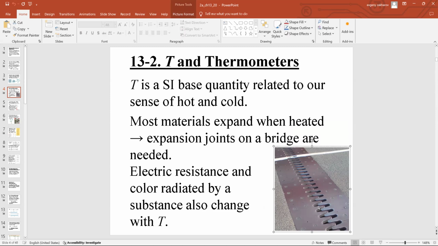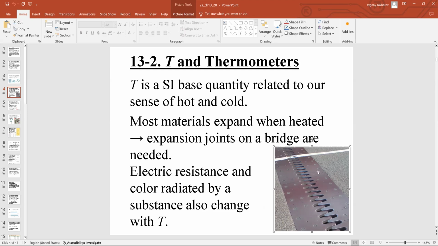Well, if it's a hot sunny day, then the material that the bridge is made of will expand. And if there are no expansion joints, then the concrete will exert a force, like an internal force, internal stress, and that concrete would just crack and collapse. So you don't want that, right?